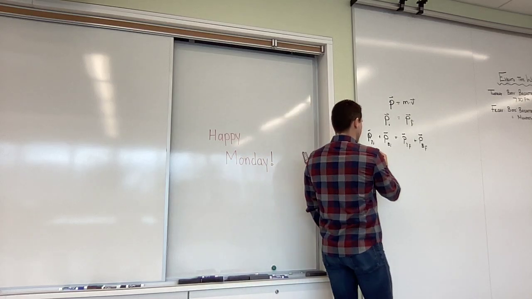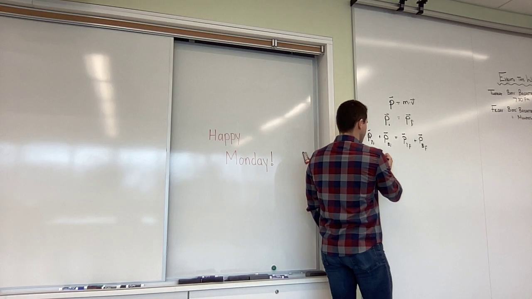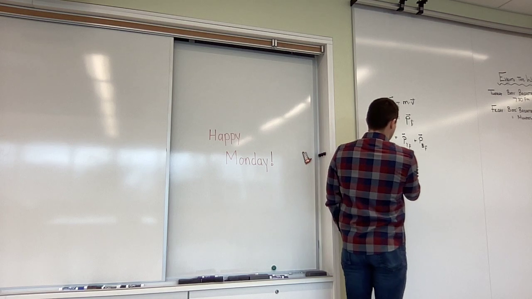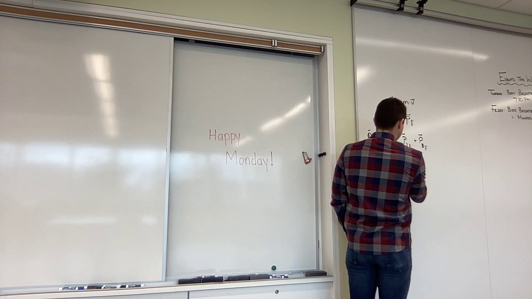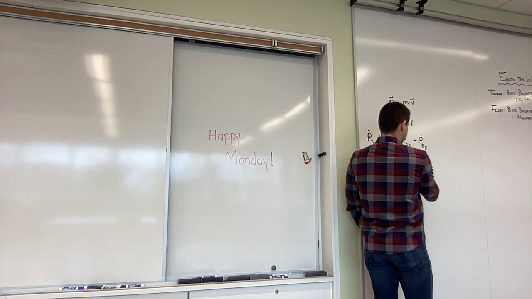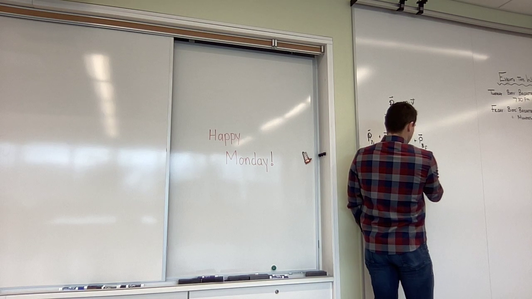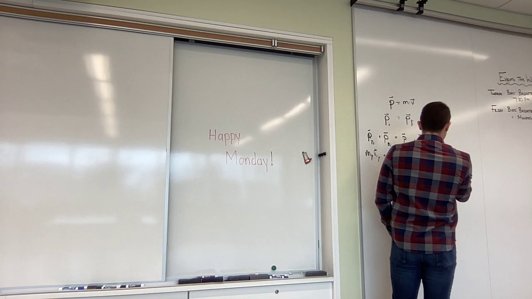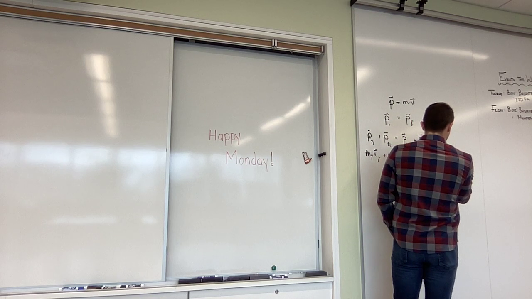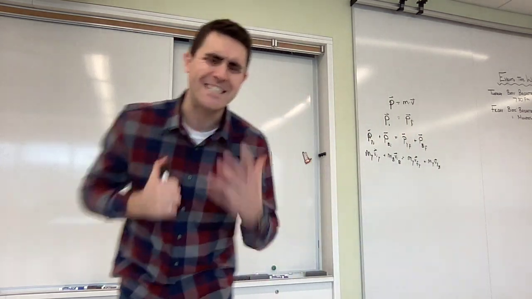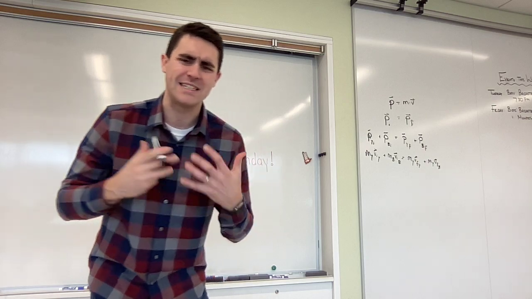The mass of the yellow cart is going to be important. The initial velocity of the yellow cart is going to be important. The mass of the blue cart, its initial velocity is going to be important. And then after the collision, I'm going to need to see these quantities also to verify whether or not momentum is conserved.